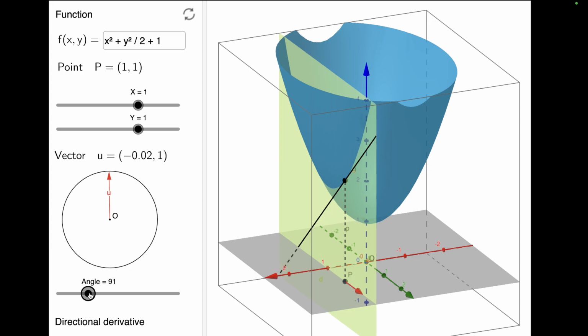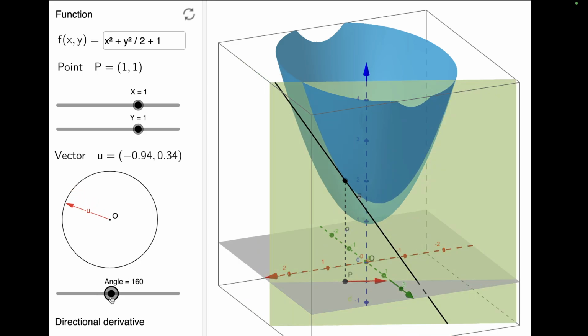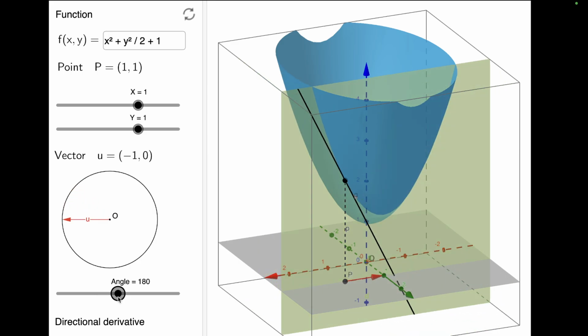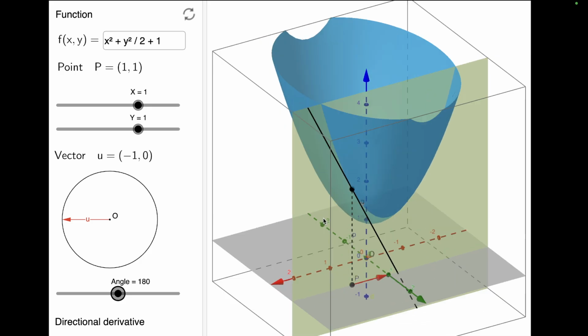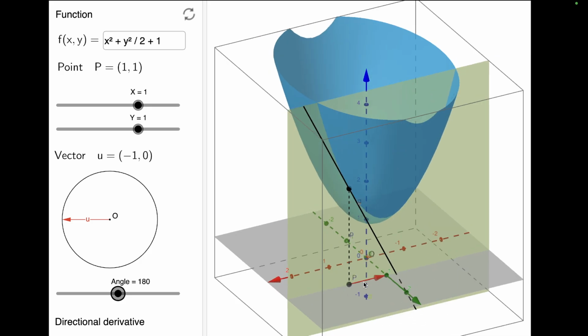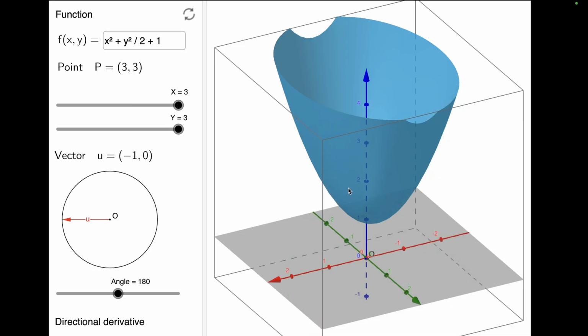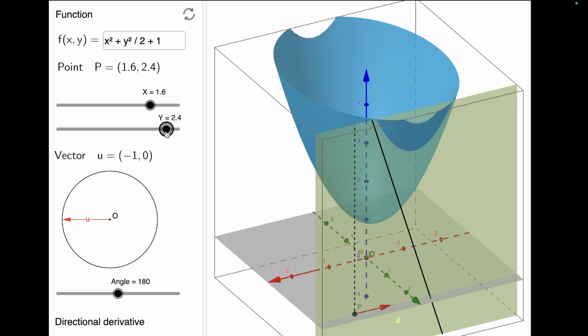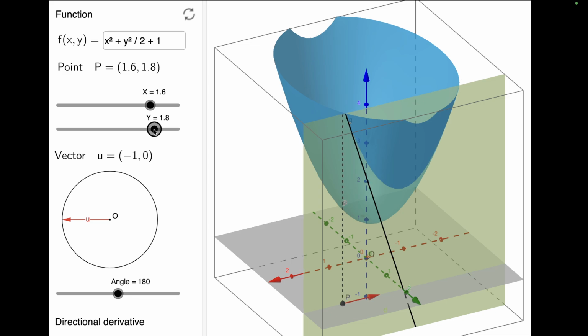If the angle is 180 degrees, then the unit vector points in the direction opposite to the x-axis, the negative x-axis direction. If you change this point, you can change the projection, and so you get this.